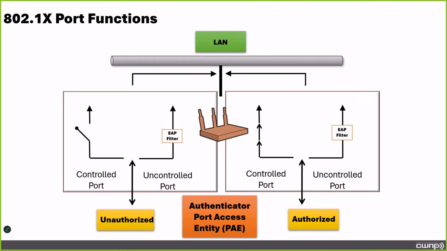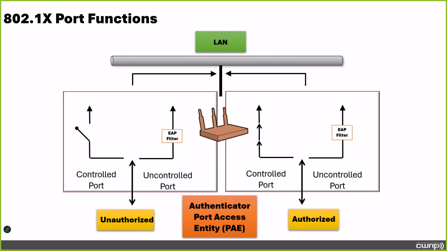And within an AP, obviously, you have one radio, and you might have 100 client devices that connect to it, right? So obviously, these are virtual PAEs. There's no physical switch port with each one having its own PAE. Instead, there's a virtual port access entity port within the switch.